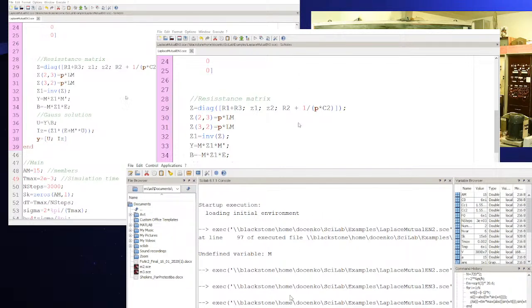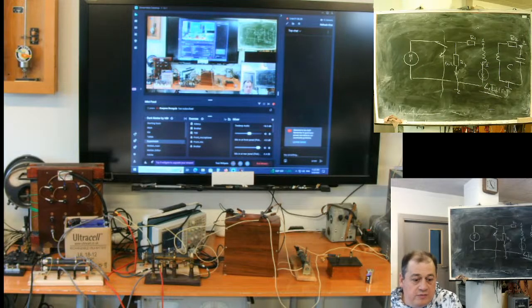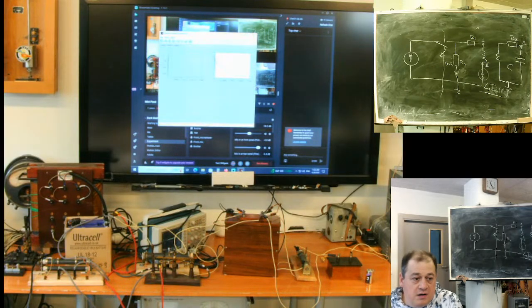Yeah, what's within 2 milliseconds? I will make it visible to viewers. Here are voltages. You see a short spike in negative and stable.